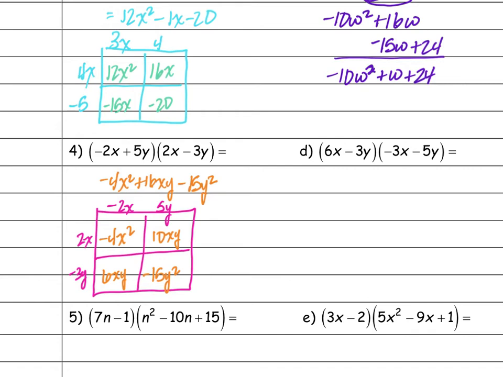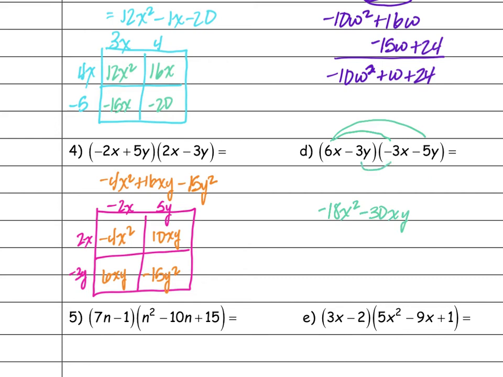So if I distribute this, right, 6x times negative 3x is negative 18x squared. 6x times negative 5y is, let's see, what is this? Negative 30xy.